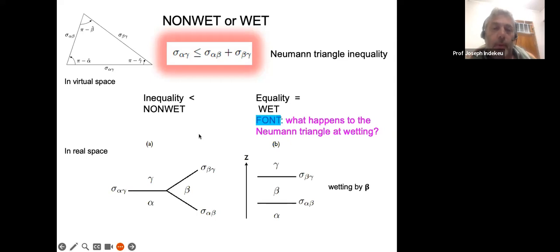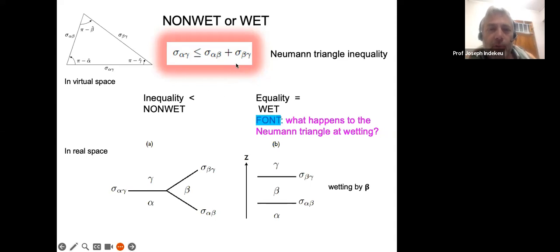Now, if this is the non-wet state, the question arises, what would then be the wet state? The wet state is one in which the equality is satisfied in one particular choice of cyclic permutation of the labels. Not in all of them together, of course, but only in one particular choice.